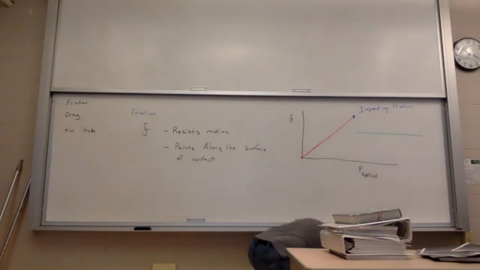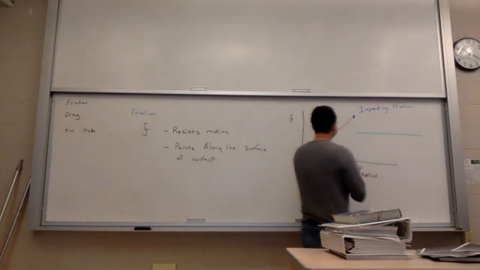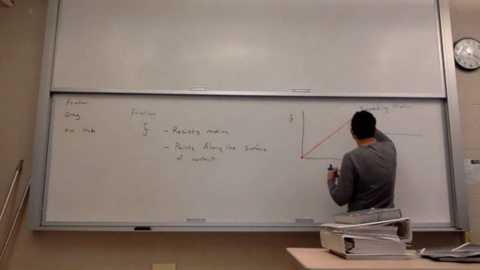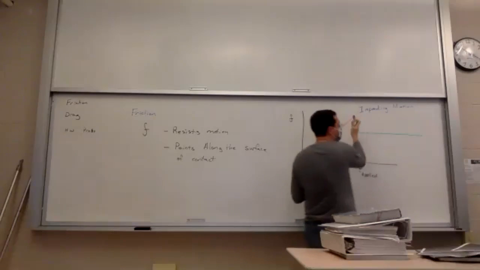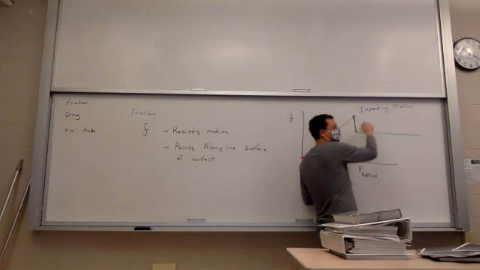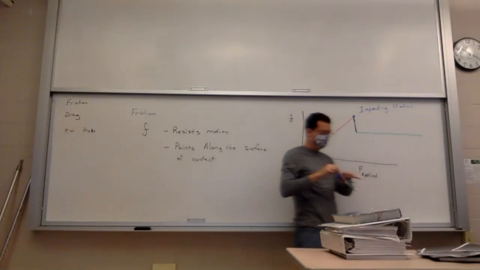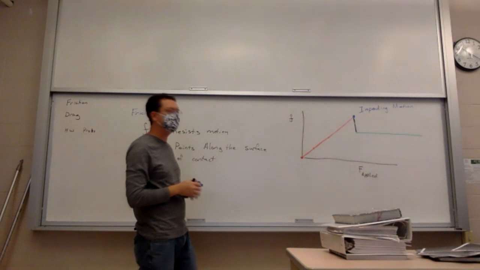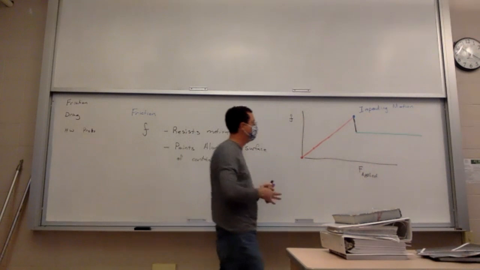Now, in reality, it's a little bit more irregular, and in this region, this is quite complicated, okay? But it's very narrow, so basically we will not talk about this at all. We'll just ignore this detail. Mechanical engineers would have to learn about that.